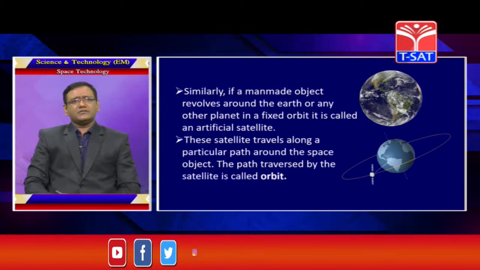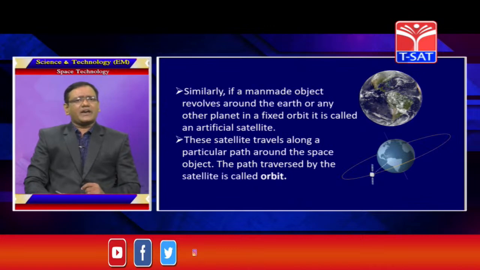Similarly, if man-made objects revolve around the Earth or any other planet in a fixed orbit, then it is called an artificial satellite. So artificial satellites are man-made objects which revolve around the Earth or any other astronomical object.